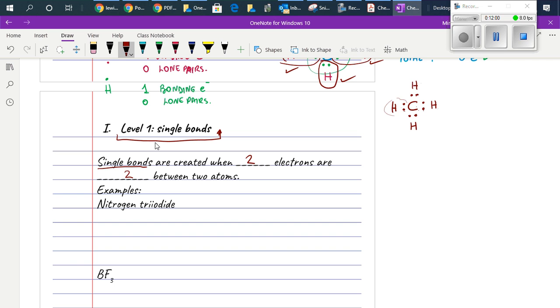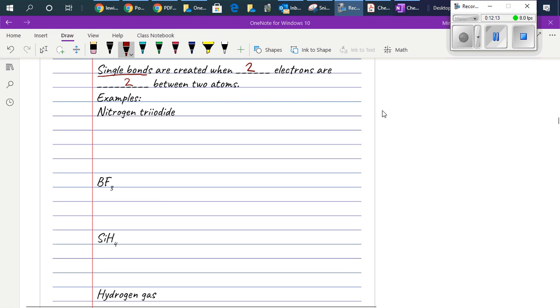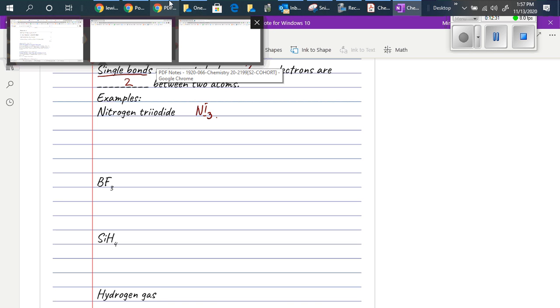Let's see some examples on how to draw the Lewis dot diagram for nitrogen triiodide or the other ones that are here, in which we will see that single bonds are created. So the chemical formula for nitrogen triiodide is NI3. Let's take a look now and see which one is the central atom and which are the outer atoms.